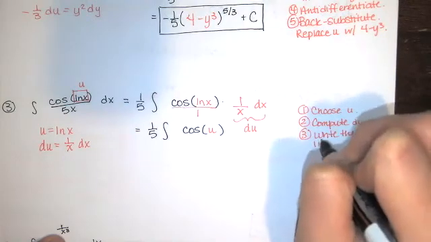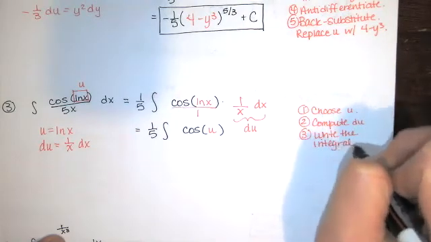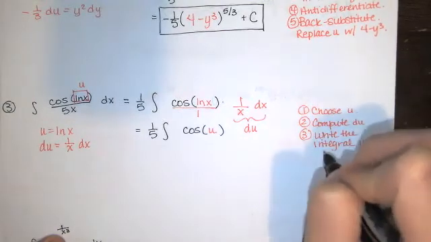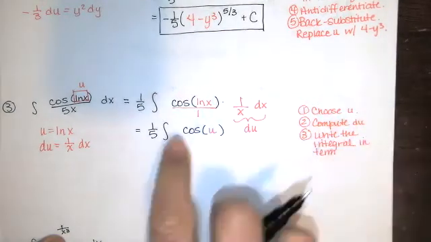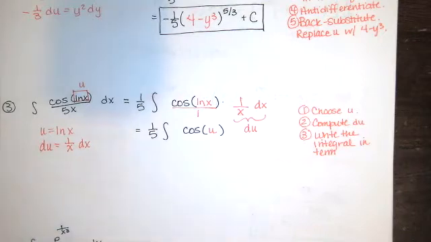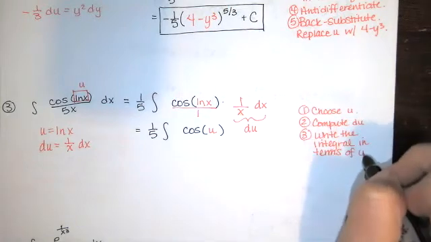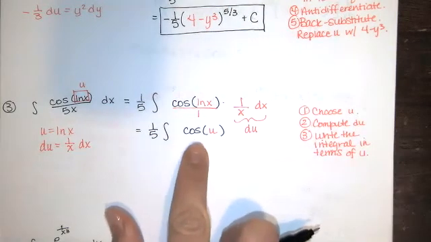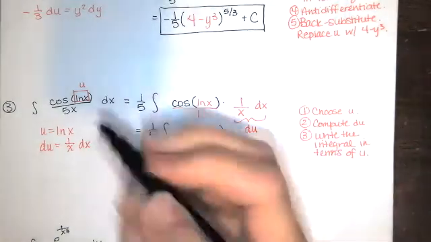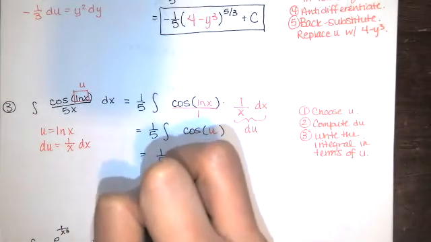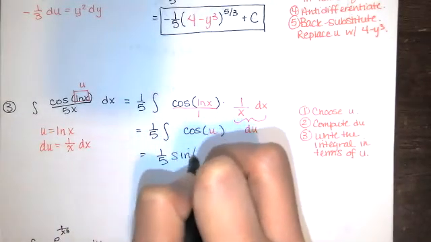And then our hope is that doing that will allow us to apply a basic rule. Sometimes it doesn't allow us to apply a basic rule and we've got to do something else. Do I have a rule for cosine of u? Yes, I do. The antiderivative of cosine is sine.